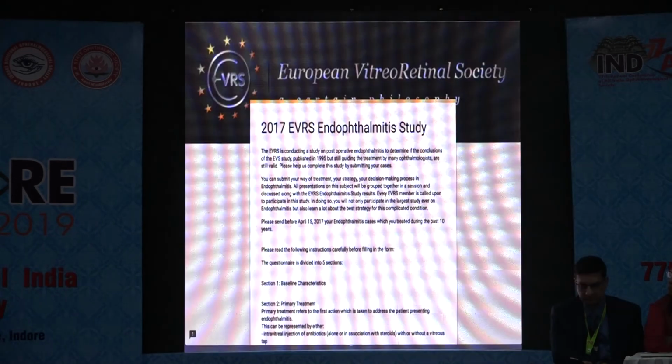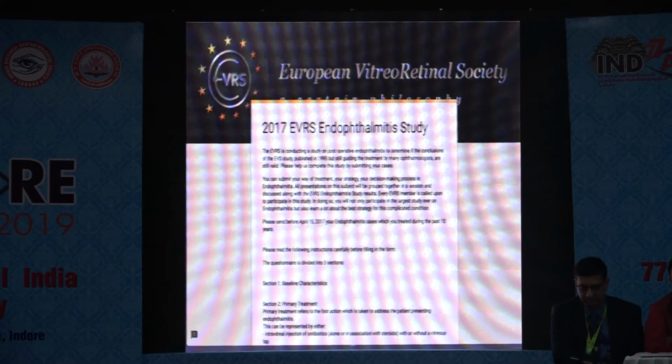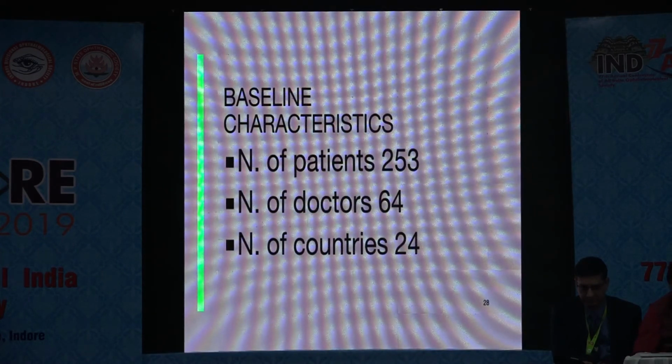Now, finally, I just want to tell you that we have conducted a study. I am, as was kindly said, the president of the European Vitreoretinal Society. We have conducted an audit of all the endophthalmitis cases which our members have had. This involved 253 patients, 64 doctors from 24 countries.